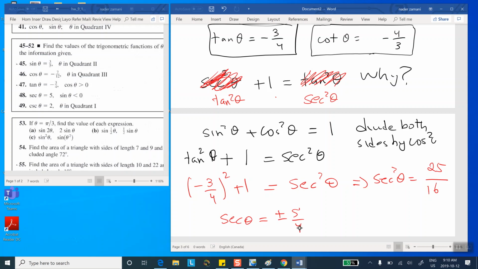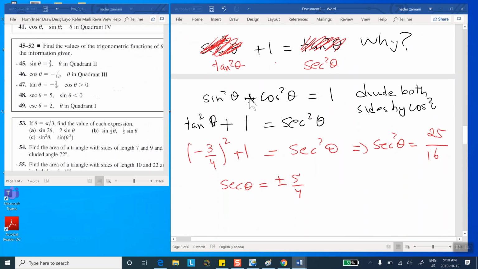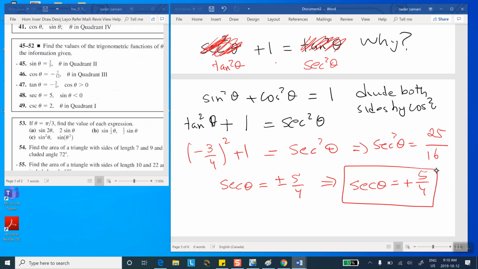But remember, cosine is positive. If cosine is positive, secant is positive because it's 1 over cosine. And that means secant of theta is equal to plus 5 over 4. And cosine of theta, of course, is 1 over secant, so it's going to be 4 over 5. This we got. Very good.